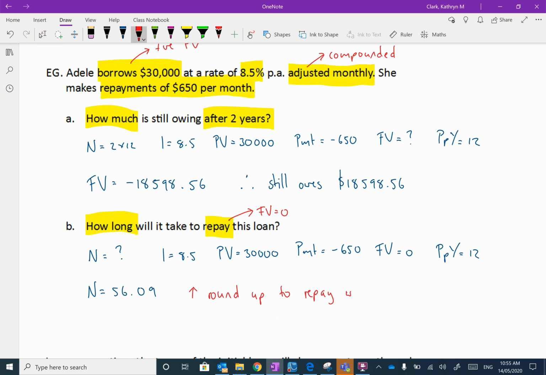So this is going to take 57, and this is months, because remember, we were making monthly payments. So 57 months, it's what, 4 years, and what's that? No, 57 divided by 12.